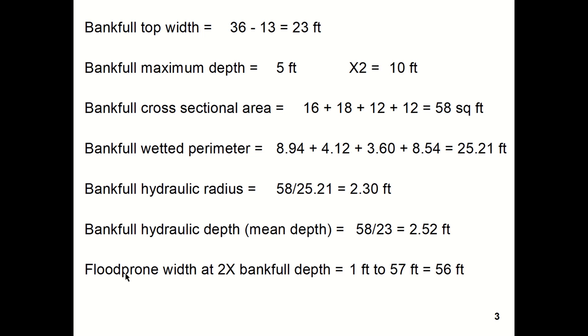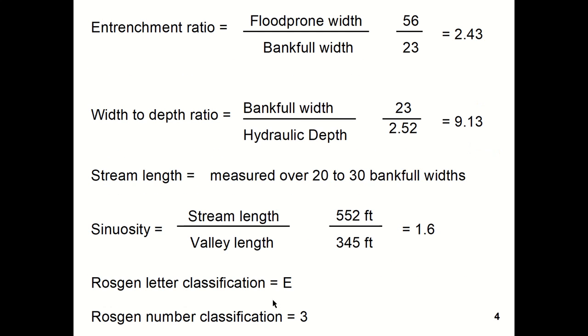The flood-prone width at 2 times the bankful depth, you would look at where the stationing is, and that would be from 1 foot to 57 feet, giving you a flood-prone width of 56 feet.